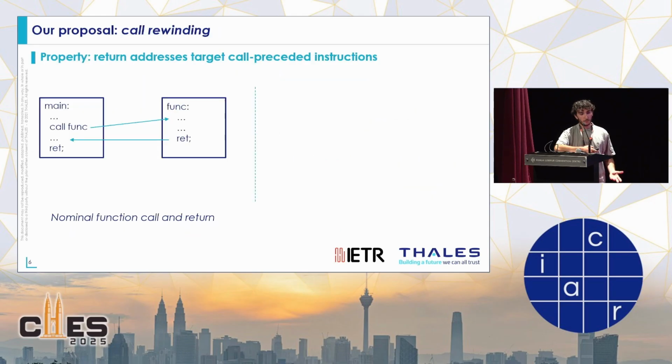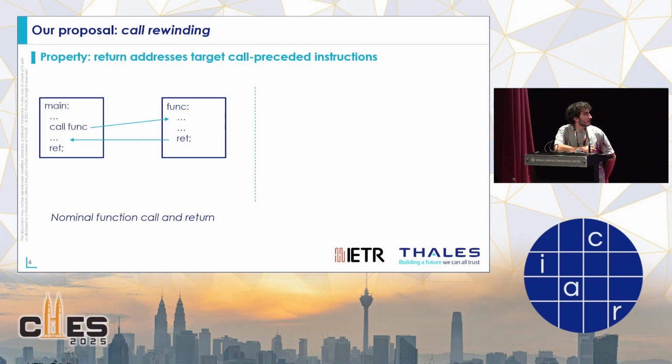So that's why we come up with a proposal called call rewinding, which is an alternative to shadow stack, and it's based on a property that was already explored in the literature, that return addresses target call-preceded instructions. So here on the left, you would have your software program with a call to a function here.